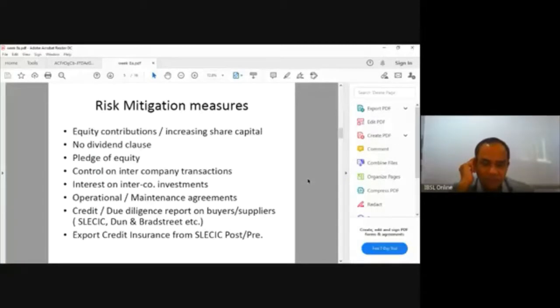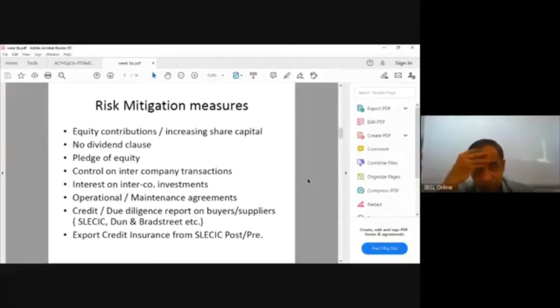So a no dividend clause, or partial dividend, or informing the financial institution that we are going to issue 20% dividend to our shareholders. So you inform. There are many forms by which you can put a control on the declaring and issuing of dividends to the shareholders.